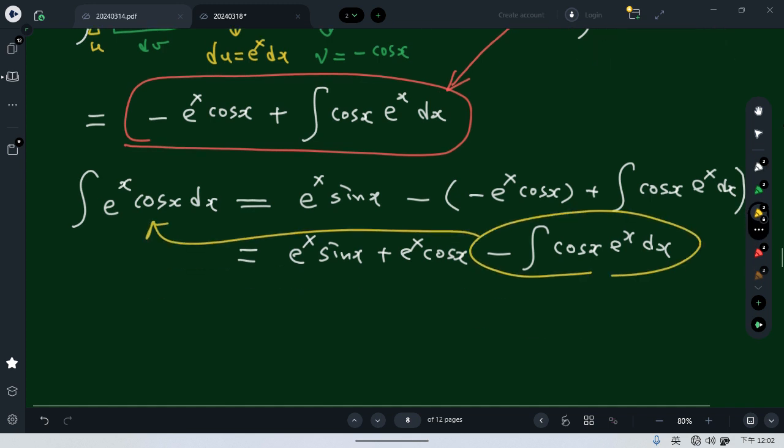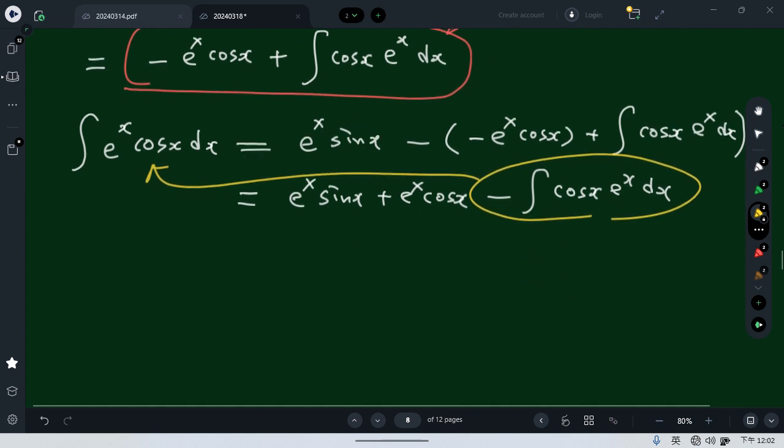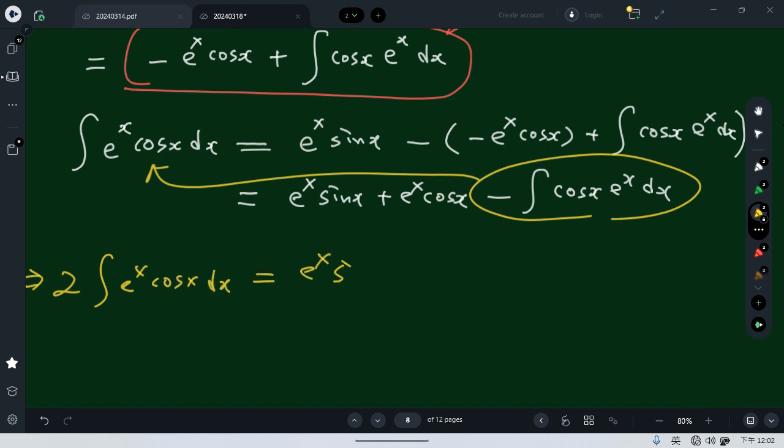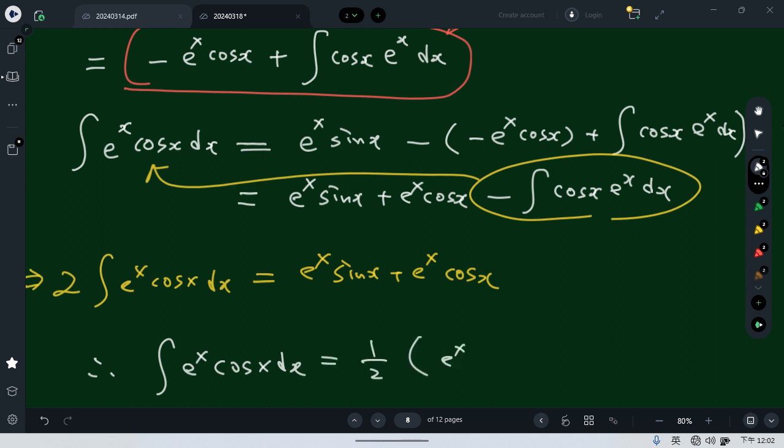So totally we have 2 times this term is equal to exponential sine x plus exponential cosine x. So that the final result for this term will be 1/2 times this one.